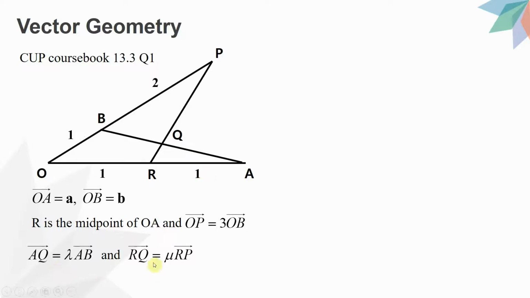Okay. So identifying the ratio is the first thing. Now here we have two lines which will help us to answer the questions. So the first part of the question is finding OQ in terms of lambda, A, and B. So if we want to find it in terms of lambda, we use this equation. Okay, AQ equals lambda AB. So we expand this vector using the position vectors.